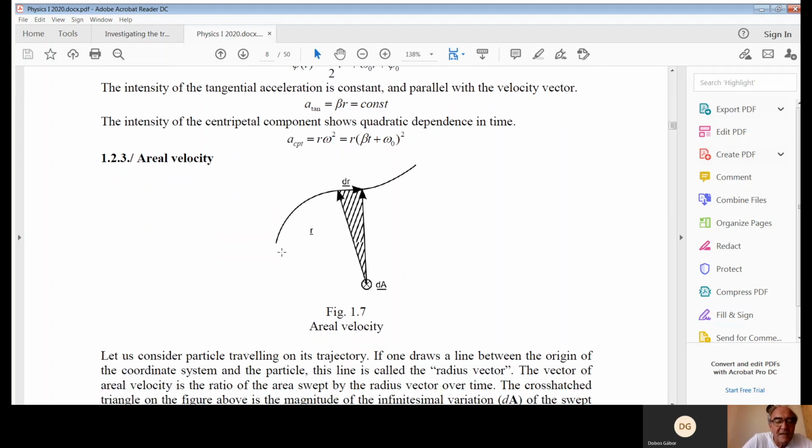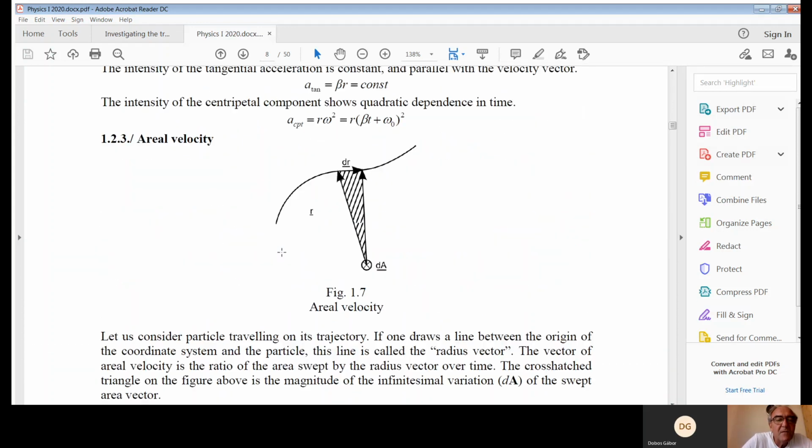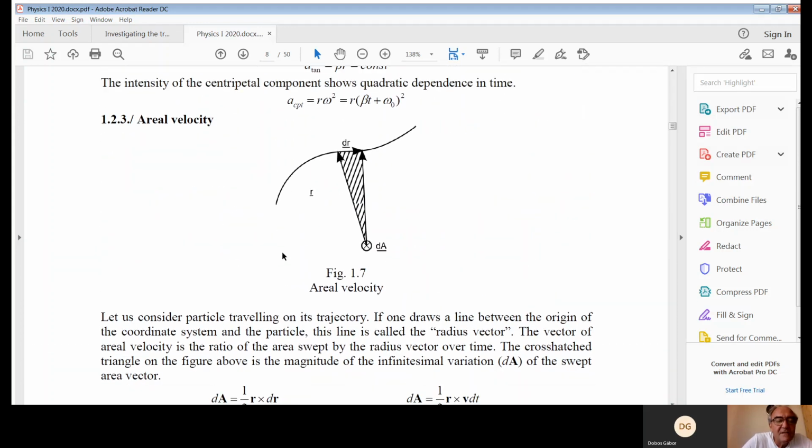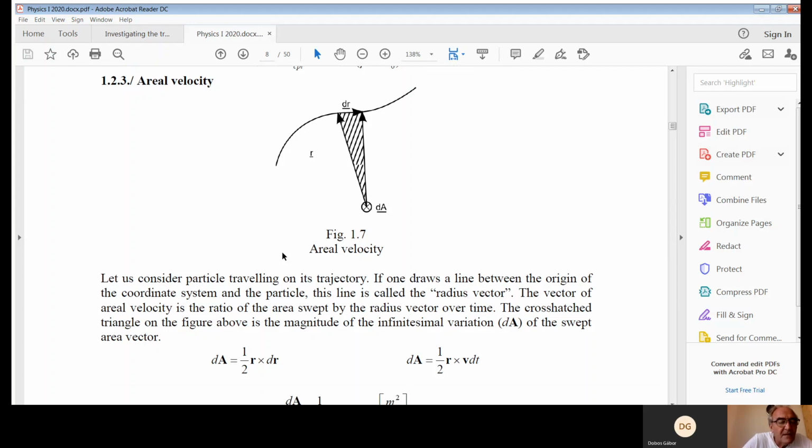Now let's check the final part of this chapter, the areal velocity. Areal velocity is a velocity which will be used extensively in the planetary motion, when objects like the Earth and the other solar objects go around the sun.